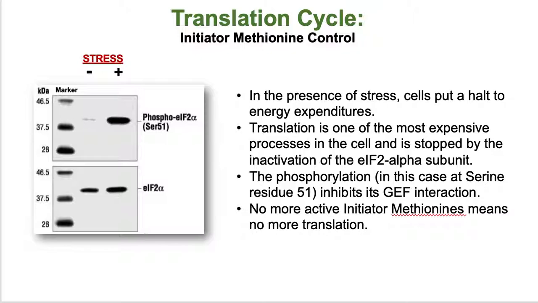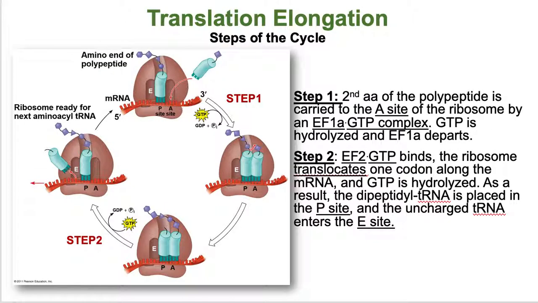Okay, so we've initiated the translation, right? The first amino acid is now in the P site, the tRNA of the initiator methionine. What I want to go through are successive rounds of GTP hydrolysis that bring in the new tRNAs to extend the new peptide that's being synthesized.